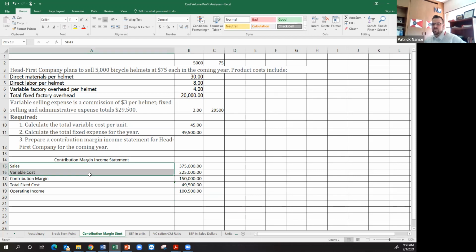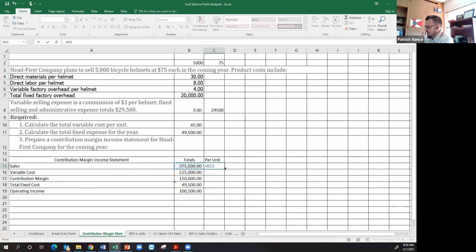Now, something else we can do, and this will be used later in the chapter, so I'm going to go ahead and do it now. These are all my totals: my total sales, total variable cost, total contribution margin, total fixed cost, and total operating income. I can find these numbers on a per unit basis as well. We don't usually utilize the fixed costs and operating income per unit, but we do often want to know my sales price per unit, my variable cost per unit, and my contribution margin per unit.